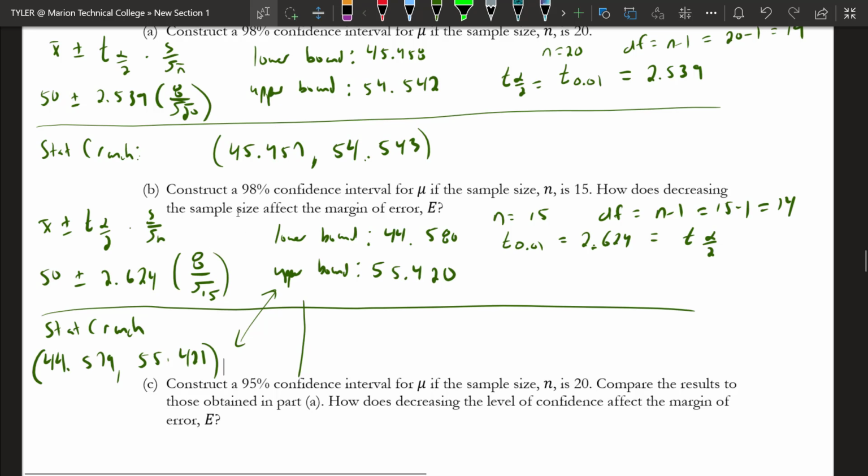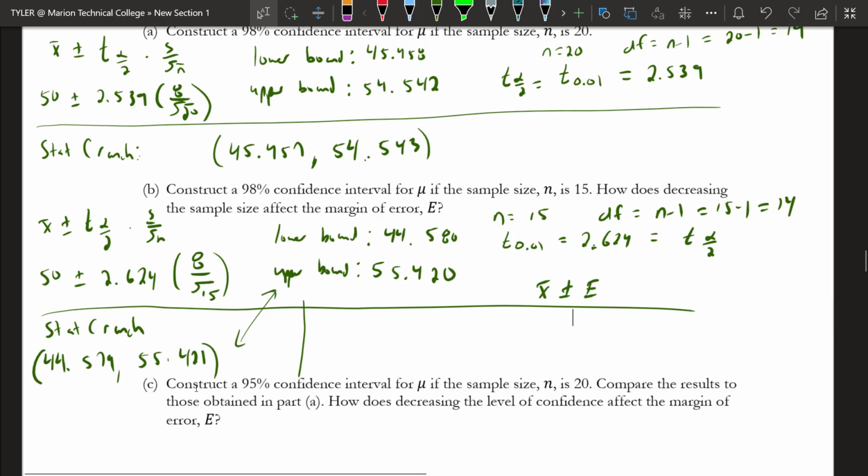So what we want to do is compare the intervals between these two and see what happened to E. Because remember, when you're finding the confidence interval, you're taking the point estimate plus or minus E. So if you compare these, in part B, the confidence intervals are wider, a little bit wider.